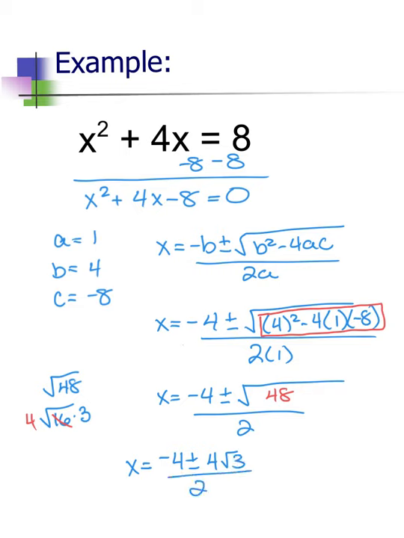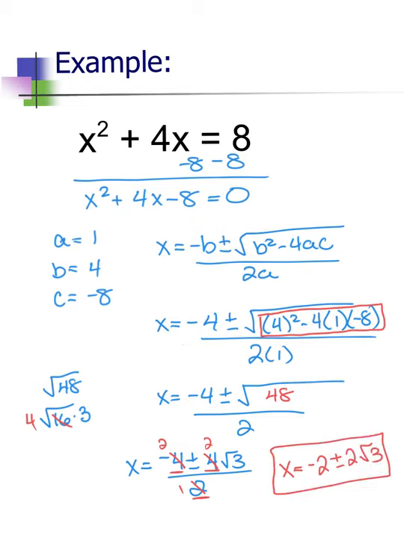Now if I look at my answer, I've got a -4, a +4, and a 2. I know all of those are divisible by 2. So if I divide by 2, divide by 2, and divide by 2, my final answer here becomes -2 plus or minus 2 radical 3. Technically, you can put that over 1. You do not have to.